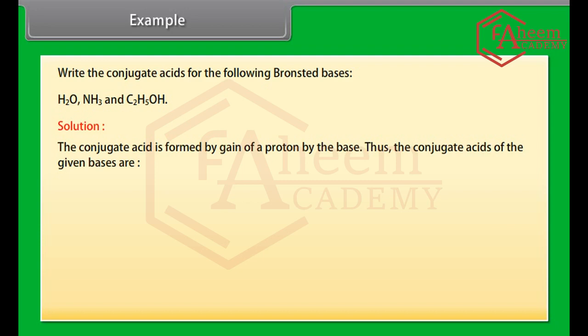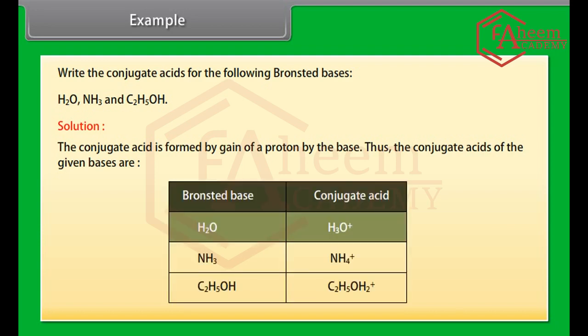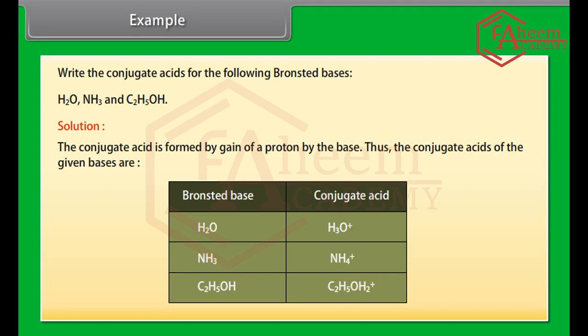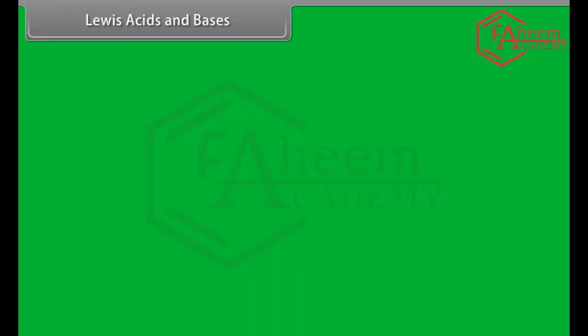Thus, the conjugate acids of the given bases are: for H2O, the conjugate acid is H3O+. For NH3, the conjugate acid is NH4+. For C2H5OH, the conjugate acid is C2H5OH2+.